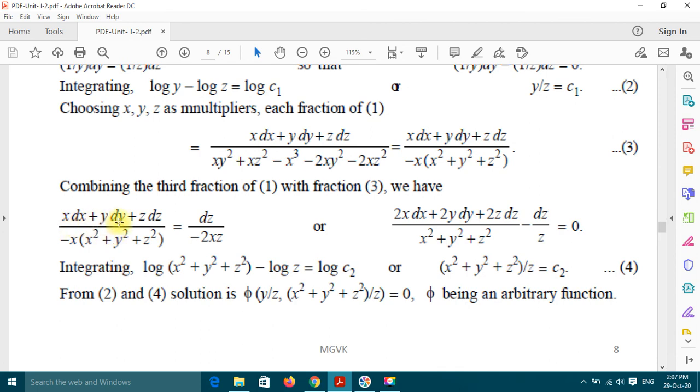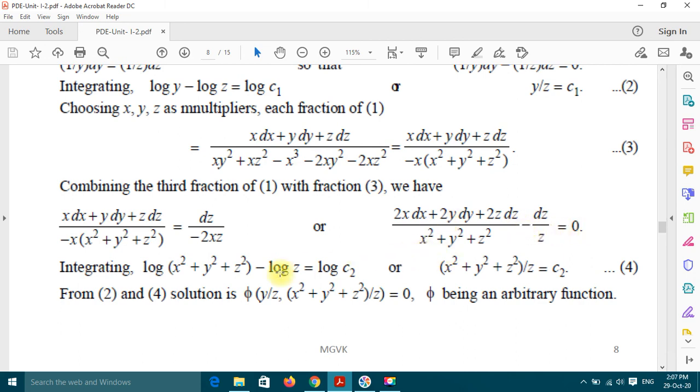So x dx plus y dy plus z dz upon minus x into (x square plus y square plus z square) is equal to dz upon minus 2xz. So here minus x and minus x are cancelled out, and this becomes 2x dx plus 2y dy plus 2z dz upon (x square plus y square plus z square) minus dz upon z is equal to 0.